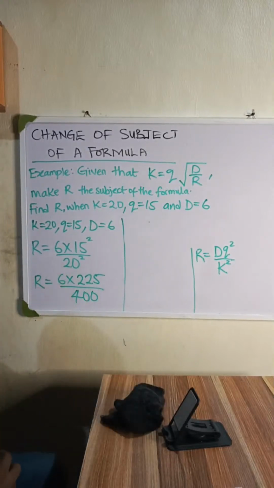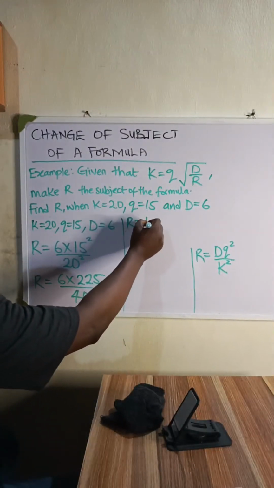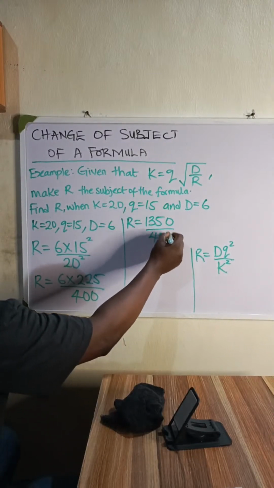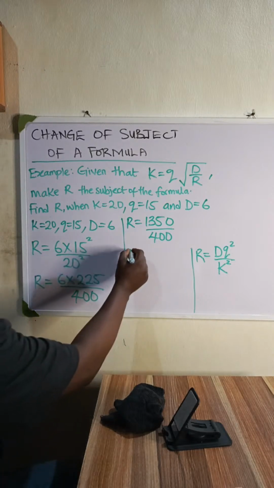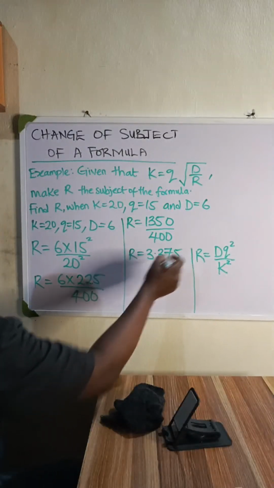Okay, so 6 times 225 is 1350. r is equal to 1350 all over 400. 1350 divided by 400. r is equal to 3.375.